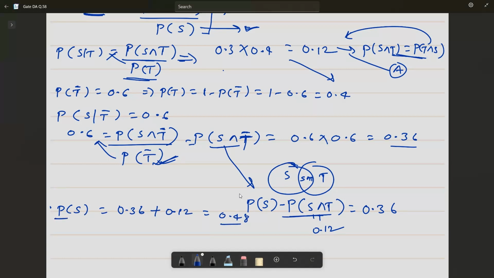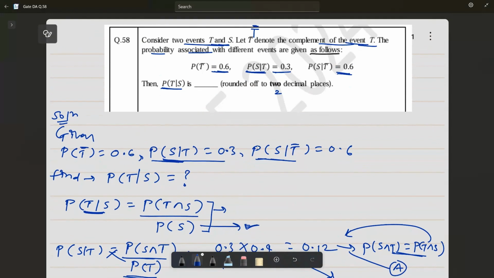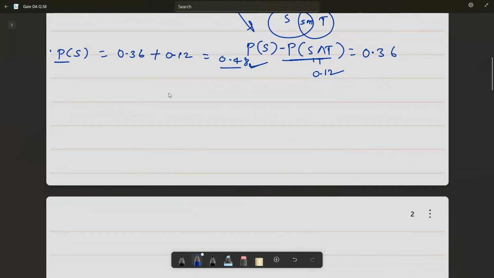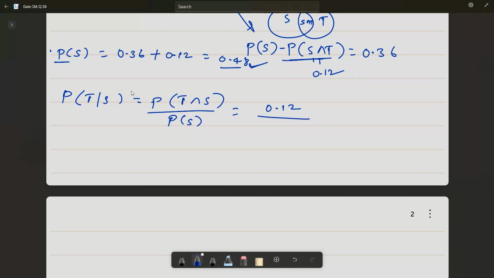What we have to find in the question is probability of T given S, which is equal to probability of T intersection S divided by probability of S. That is 0.12 over 0.48.